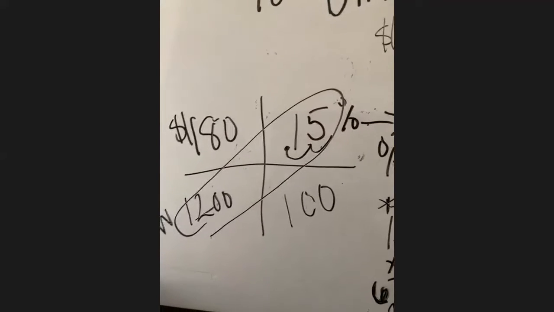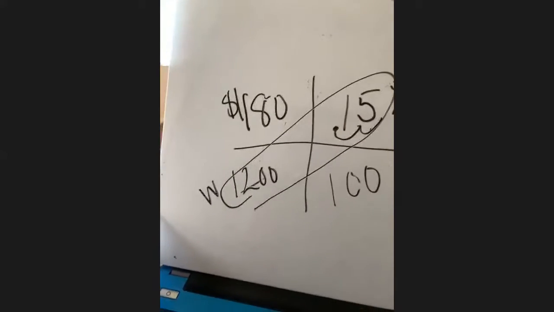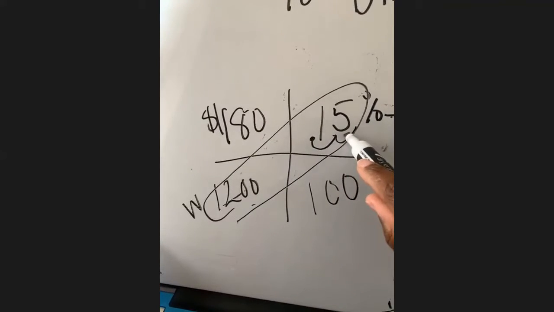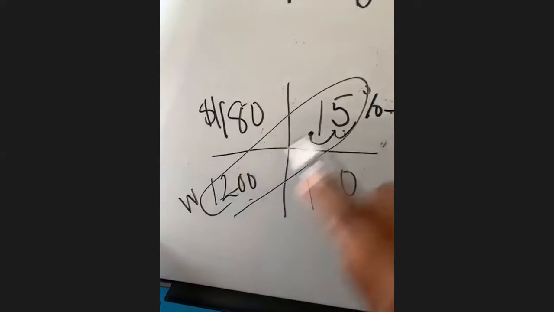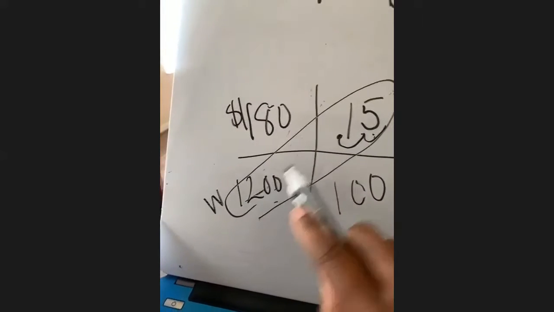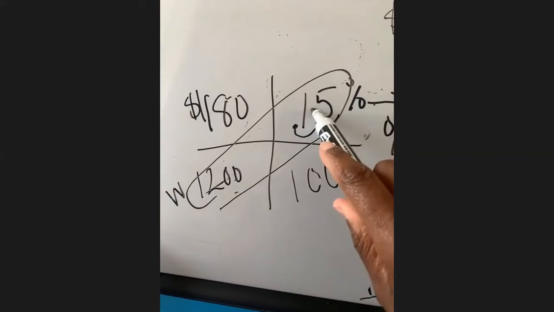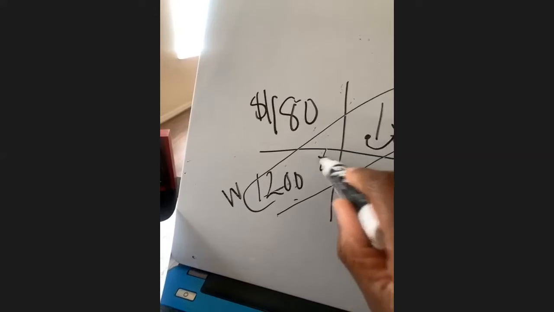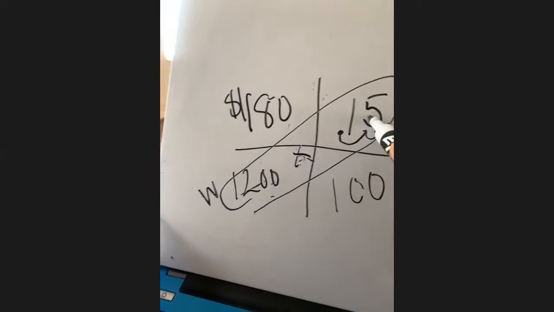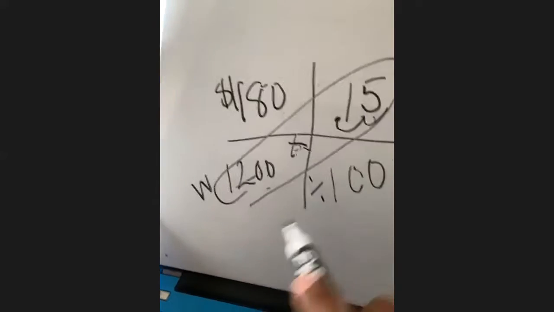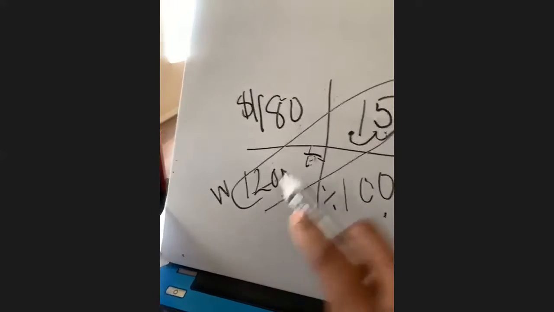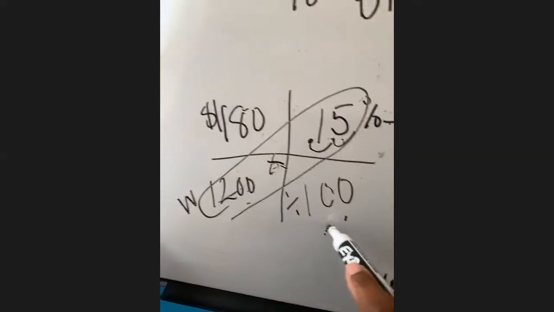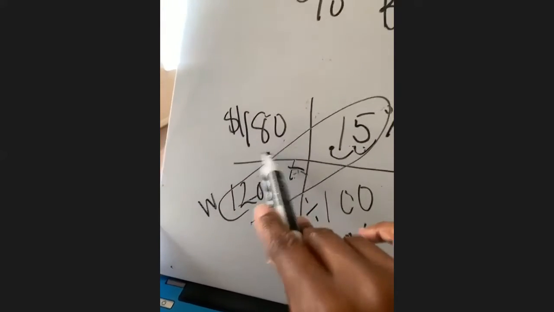But what you could have done as well, you could have taken 1,200 times 15. Don't move the decimal when you do it this long way. So you could multiply 1,200 times 15 and then divide it by 100, and then you would get 180.